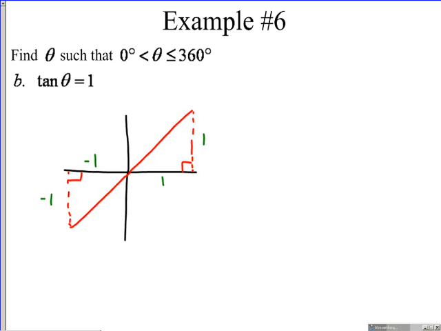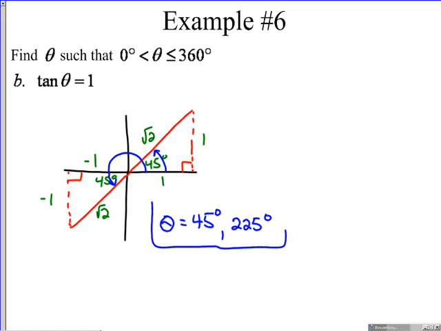Should recognize this triangle as being a 45-45-90 triangle. So now we need to find the two rotations for those terminal sides. First rotation is just 45 degrees. Second rotation, we go all the way to here, is 180 plus 45, or 225 degrees to get to that.